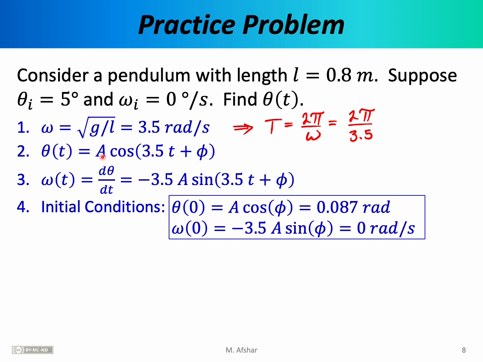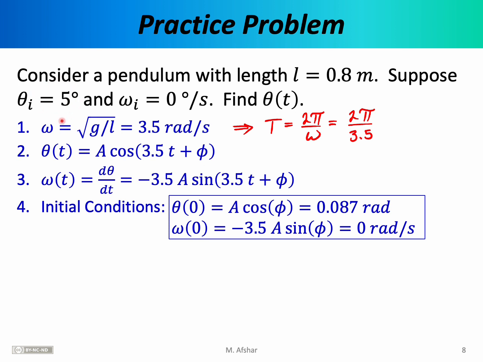According to this equation in step 2, the angular position at time 0 is simply a cosine of phi. So I'm plugging in t equals 0 in here, and this equation simplifies to a cosine of phi. And that must equal 0.087 radians. 0.087 radians is equal to 5 degrees.